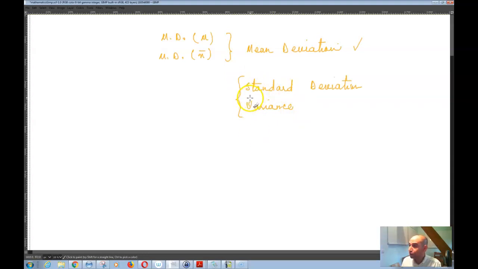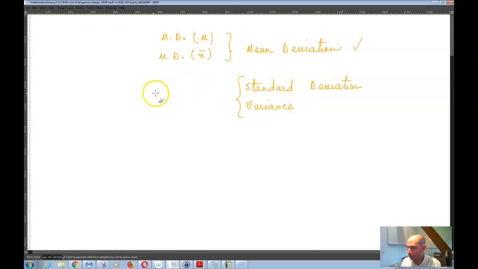The mean deviation and the standard deviation have the same units in which the data are given, and I showed you what is meant by that.